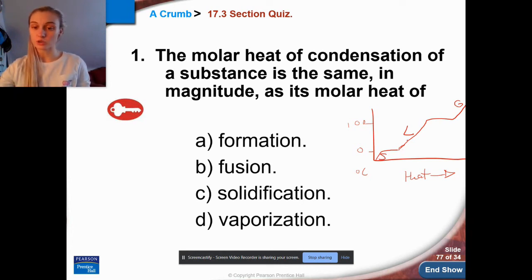When you're going from a solid to a liquid or liquid to a solid, you're going to use the heat of fusion or heat of solidification, because you're either breaking the bonds in the ice to go to a liquid, or you're going from a liquid to a solid and solidifying it. So it's not solidification, it's not fusion, because that's dealing with solids to liquids or liquids to solids.